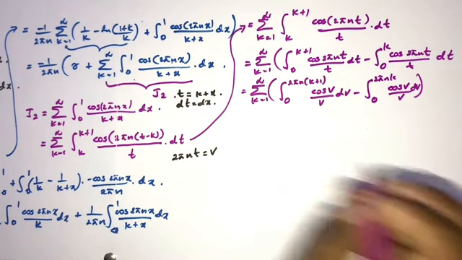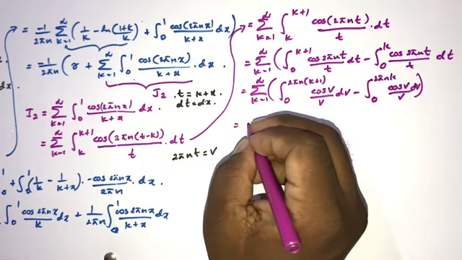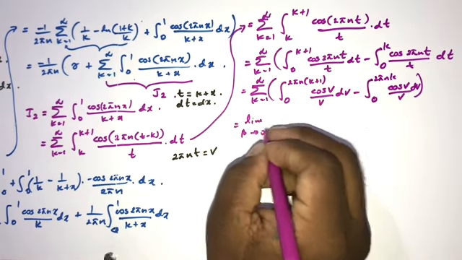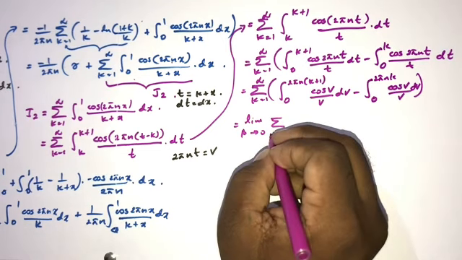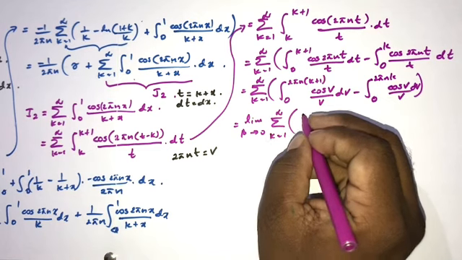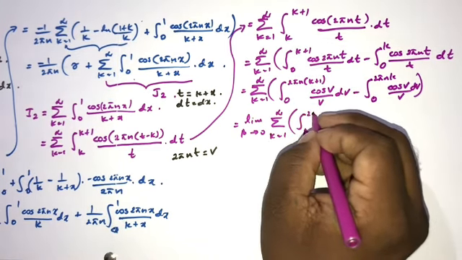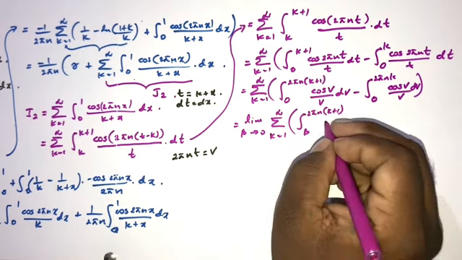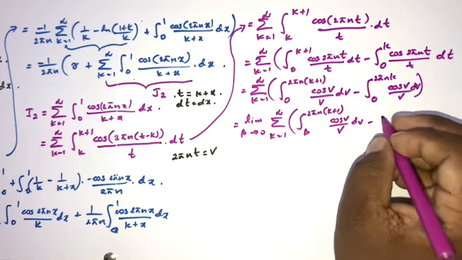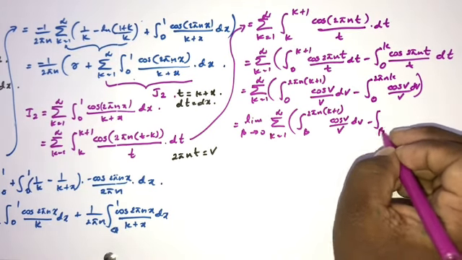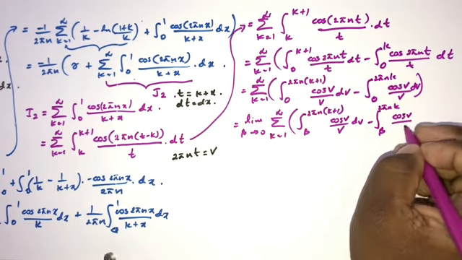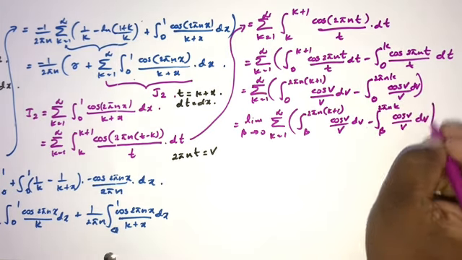Okay, then I'm going to use a limit. Now I'm going to take the limit as beta approaches 0 of the infinite sum, k equals 1 to infinity, of the integral from beta to 2 pi n(k plus 1) of cosine of v over v dv minus the integral from beta to 2 pi nk of cosine of v over v dv.